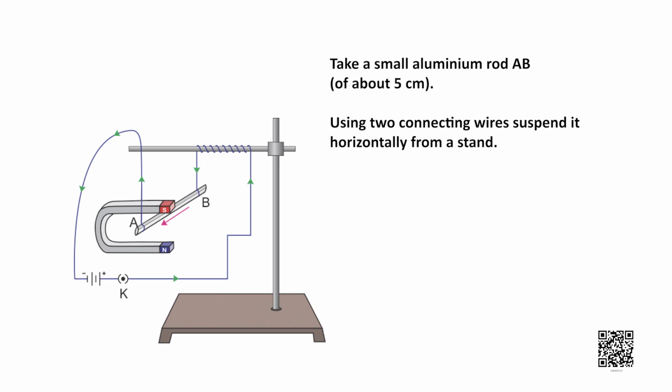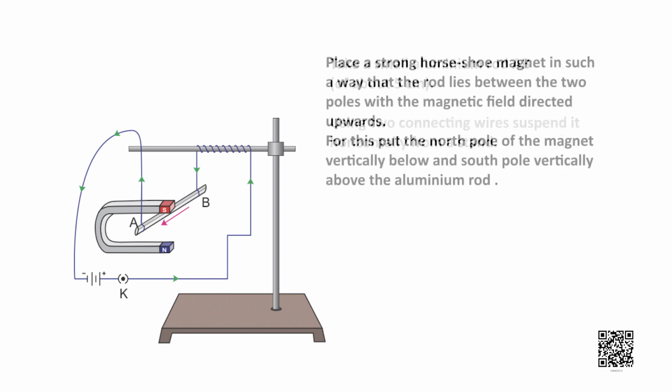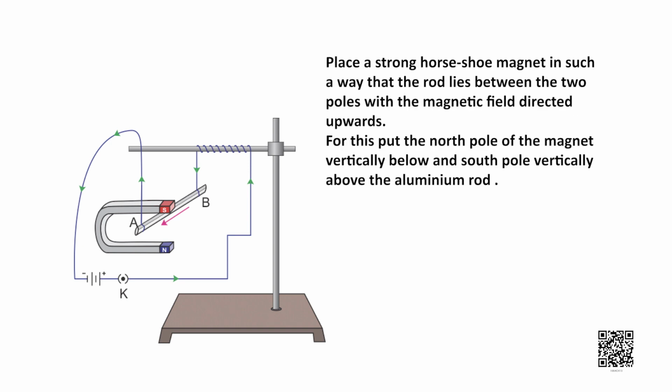Using the connecting wires, you can suspend it horizontally from a stand. Place a strong horseshoe magnet in such a way that the rod lies between the two poles with the magnetic field directed upwards. For this, you put the north pole of the magnet below and south pole of the magnet vertically above the aluminium rod.